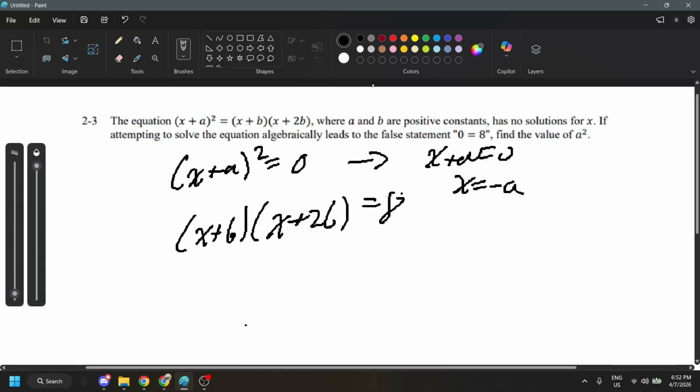Okay. Then here, what can we do? Expanding this, we got x squared plus 2bx plus 3bx plus 2b squared is equal to 8.